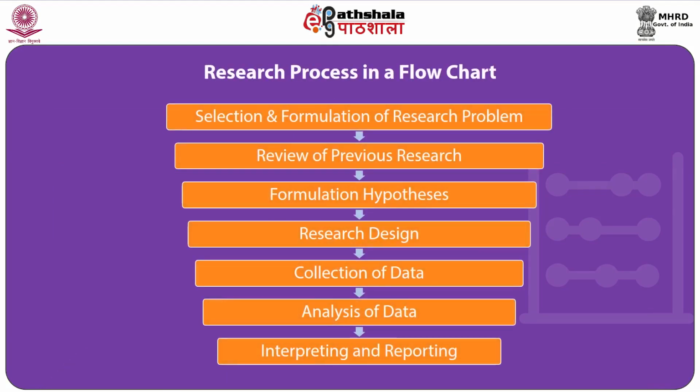For example, the first one is selection and formulation of a research problem. The second one is review of earlier literature. Third is formulation of hypothesis. Fourth is research design, and the fifth is collection of data, followed by analysis of data, and the last, 7th step, is interpreting and reporting.